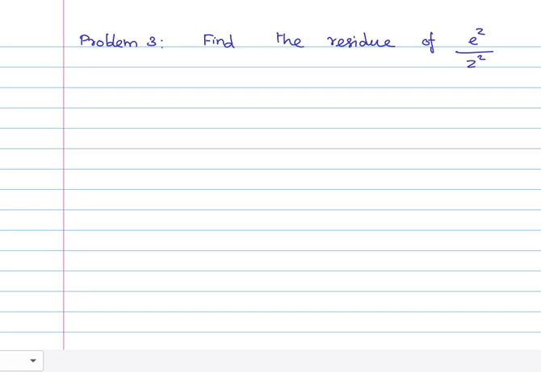Using this formula, how can I get it? The pole is of order 2, so m equals 2. Using the third result, I write f of z equal to g of z divided by (z minus a) to the m, where g of z is exponential of z and m equals 2.